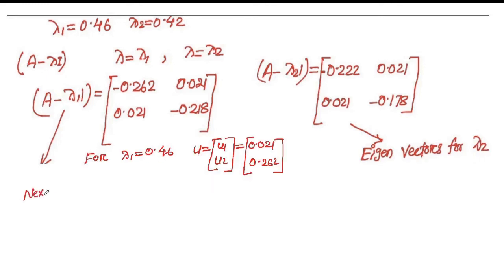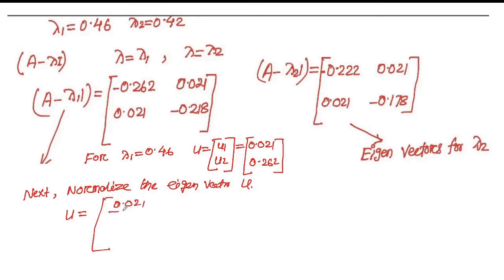Next step is to normalize the eigenvector U. To normalize, we will perform this operation. U is equal to 0.021 divided by the square root of 0.021 whole square plus 0.262 whole square.